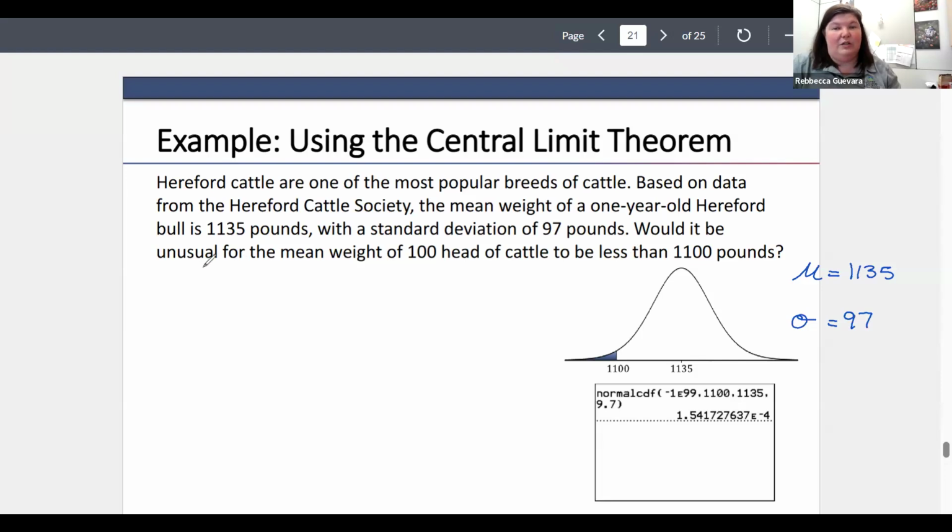Would it be unusual for the mean weight of 100 head of cattle to be less than 1,100? So we're being asked the mean weight of 100 cows, so we're taking 100 cattle or 100 bulls.